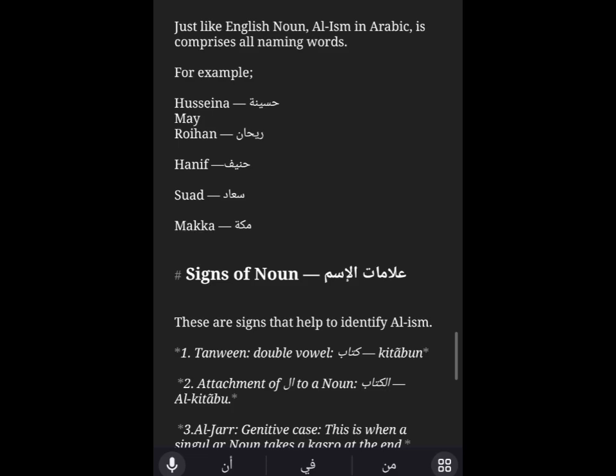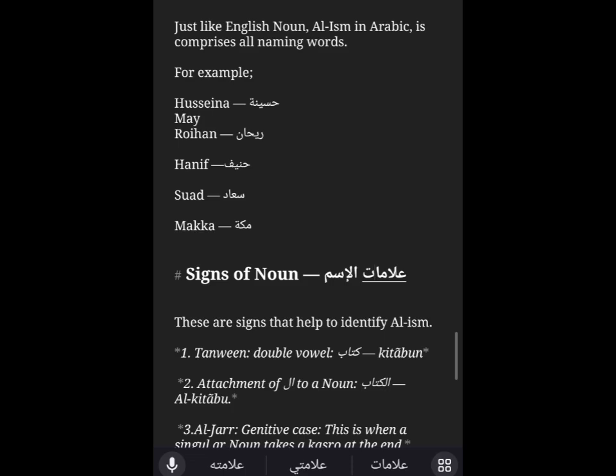In Arabic, al-ism is defined as كل كلمة تدل على كل شيء يدرك بالحواس أو بالعقل، وهو ما تدل على معنى في نفسه.